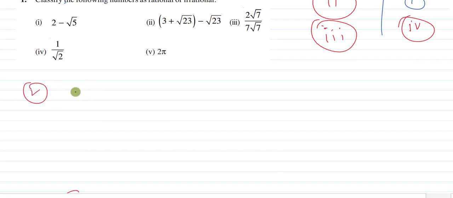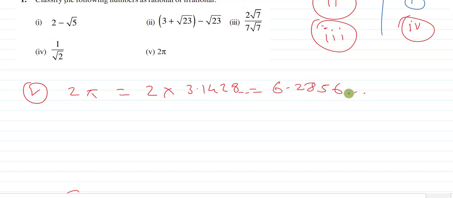Now coming to the fifth question. The fifth question is 2 pi. You know that 2 is rational. What is the value of pi? It will be 3.1428 and something. If I multiply it, what will I get? 6.28... Getting it? This is an irrational number. So here I can observe 2 was rational and pi is irrational.